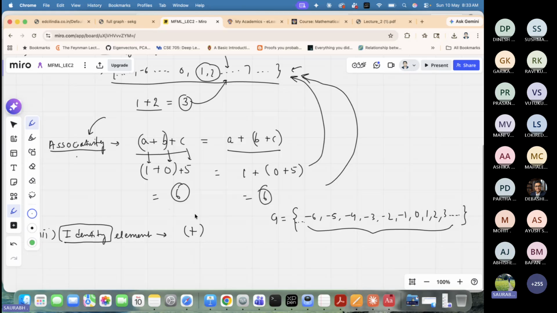When we use addition and we use two numbers, A and B, and we are free to choose any number as A and any number as B, when we choose A and B independently and add them together, is there any number in set G that will not affect the first number? Let's call that identity element B. Is there any number that you see there?